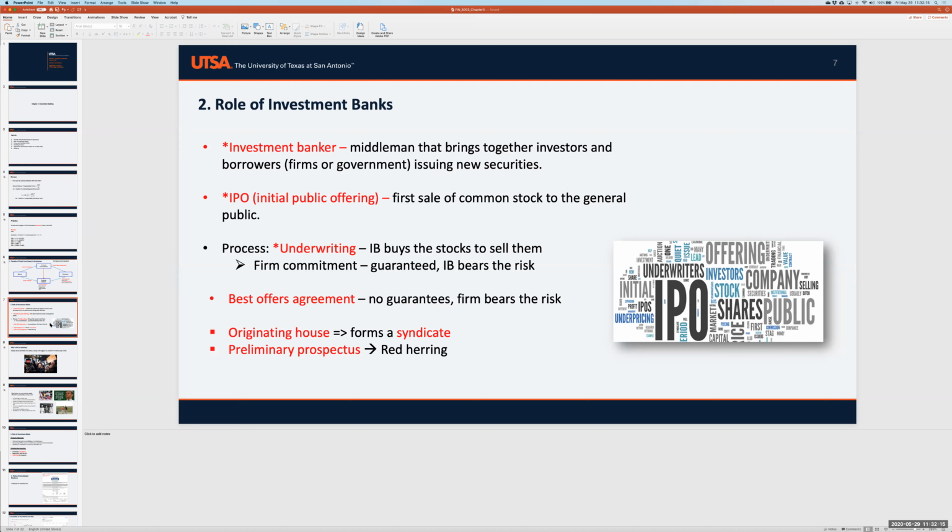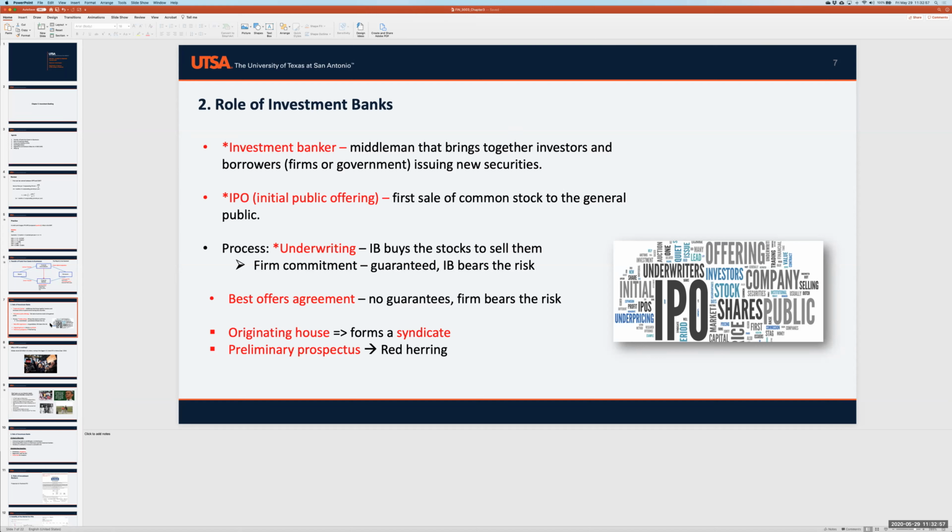It could be Bank of America, Merrill Lynch, or another investment banker, and they issue the securities and also promote or market the sale. So basically the investment banker is the middleman that brings together the investors, the people who want to buy the firm's shares, and the firm, and they issue the new securities.